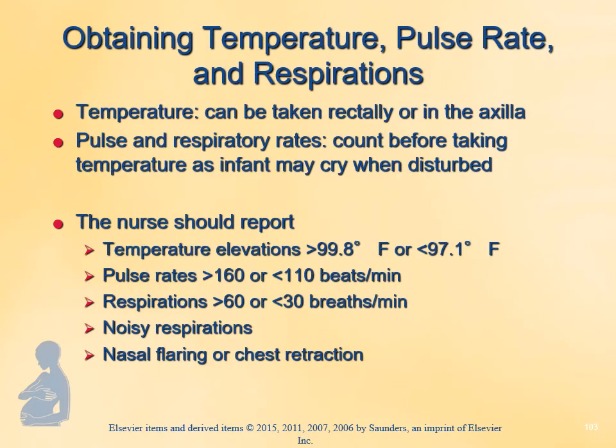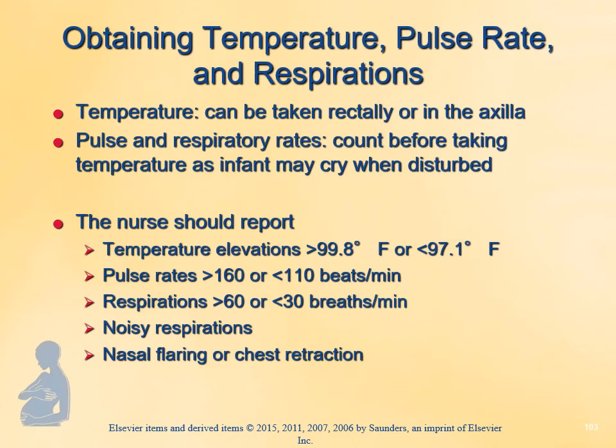So normal newborn vital signs are going to be similar to fetal vital signs. So we want their heart rate to be between 110 and 160. We want their temperature to be less than 99, greater than 97. So anything less than 97 is going to be a little concerning.